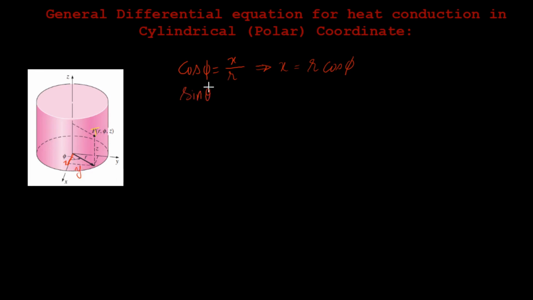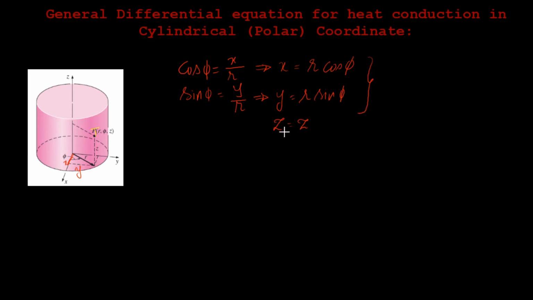Sin phi will be equal to the opposite side, that is y, divided by the hypotenuse, that is r. y will be equal to r sin phi, and I know that z will remain as it is in both the coordinate systems.